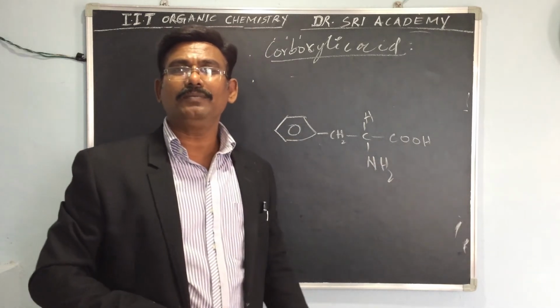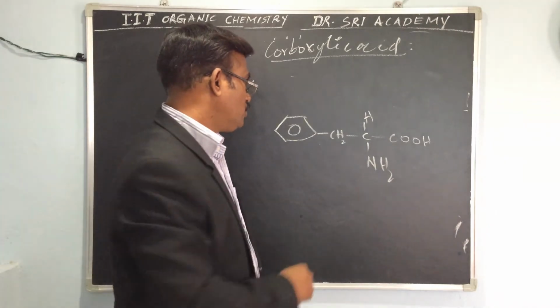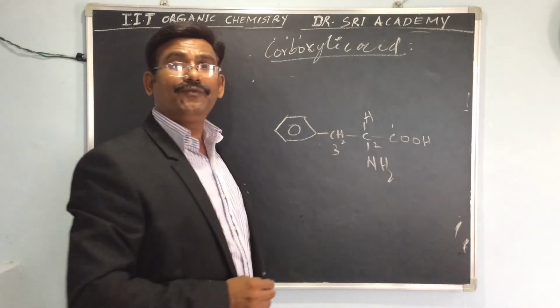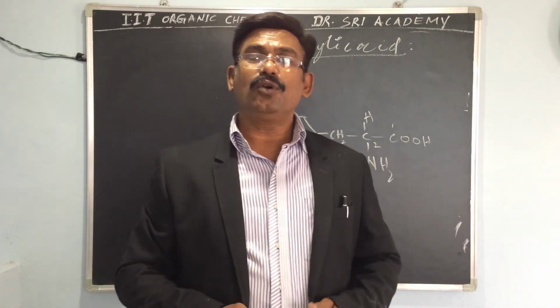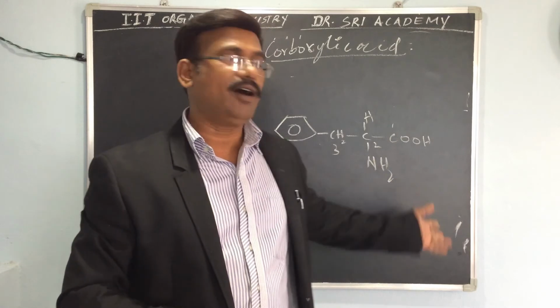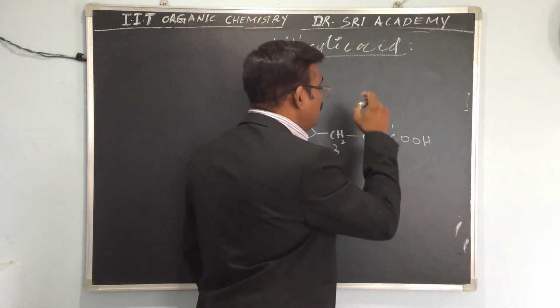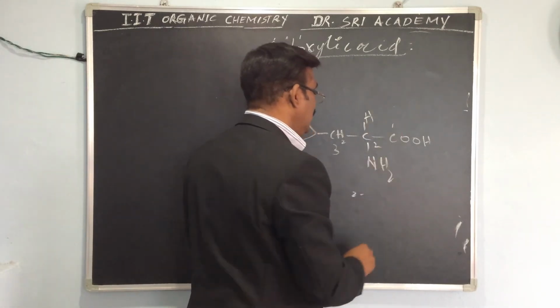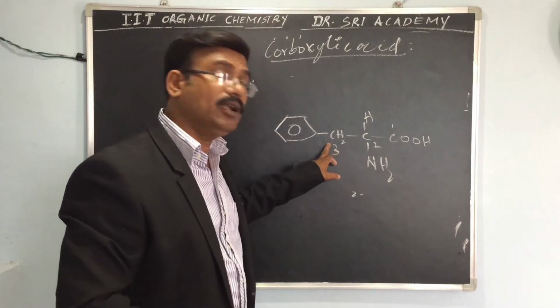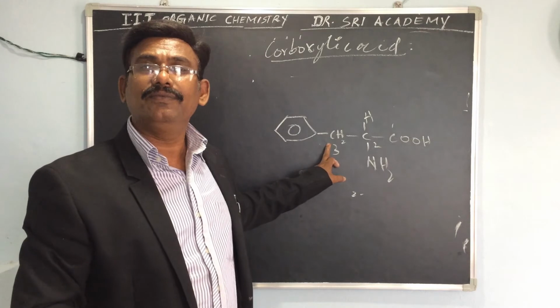Okay. So how can you give the name? So 1, 2, 3. The amine group is present on which carbon atom? The second carbon atom. So the second carbon containing the amine, and the third containing the phenyl.